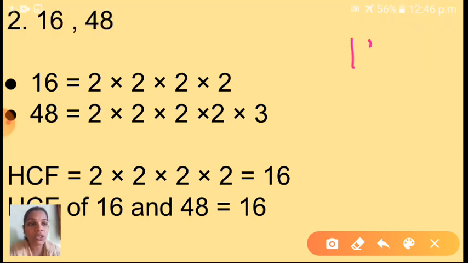Very good. 16 you have to write like this. Yes, and you have to check which prime number divides it completely. This 16 is what? Even number. So 2, isn't it children? 2. How many 2s are 16? Very good. 8 2s are 16.